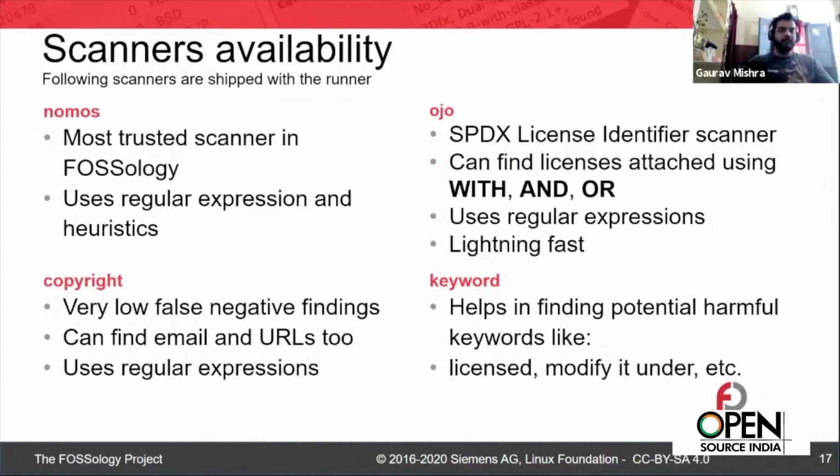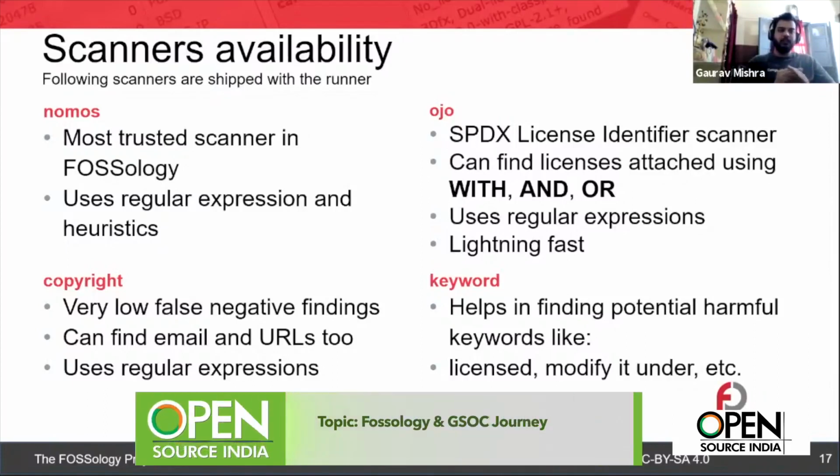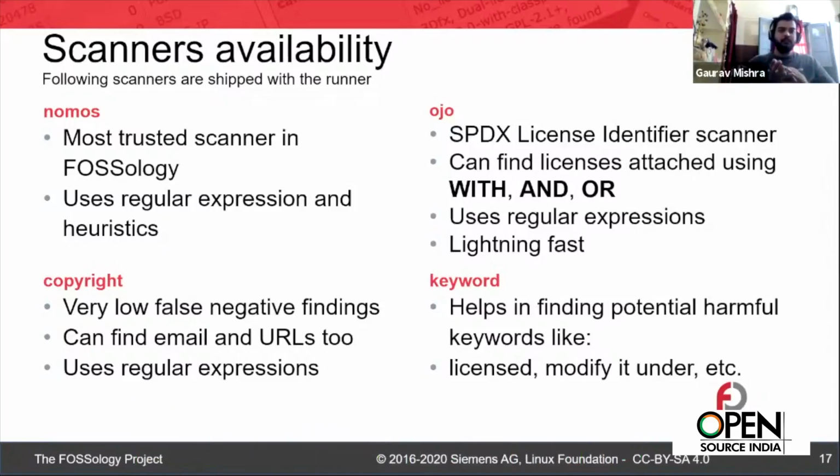Then you have the copyright scanner, which again is a regular expression based scanner. It has very low false negative findings, and it can determine whether the copyright section is just a URL or just an email, and throughout the file it can filter out the emails or URLs mentioned in the source code.